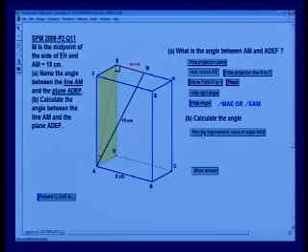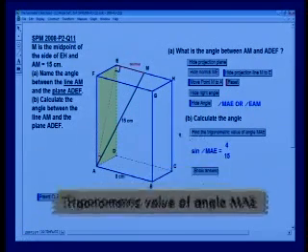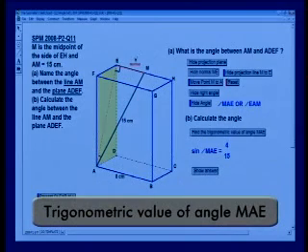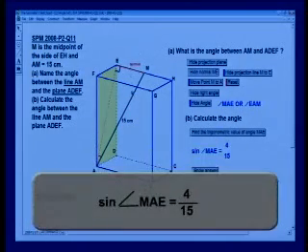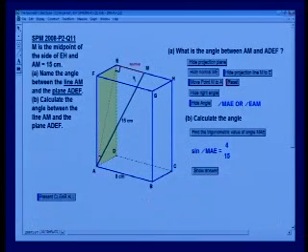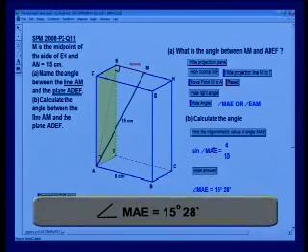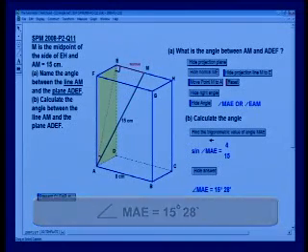So we can find the trigonometric value of angle MAE, which is sine angle MAE equal to the opposite over hypotenuse, that is 4 over 15. Please take out your calculator and count the value for sine angle MAE. And you can find the answer for angle MAE by pressing your calculator too. And the final answer is 15 degrees and 28 minutes.